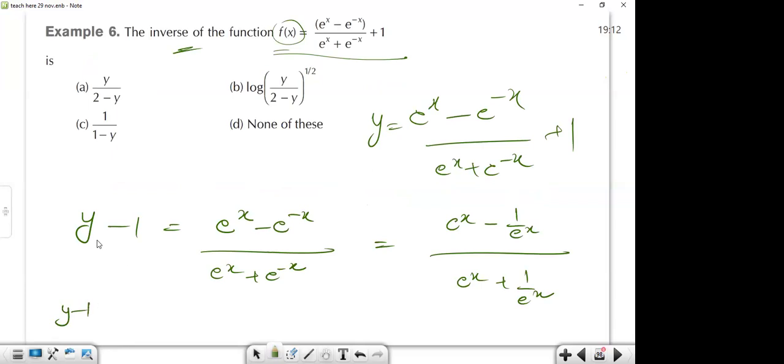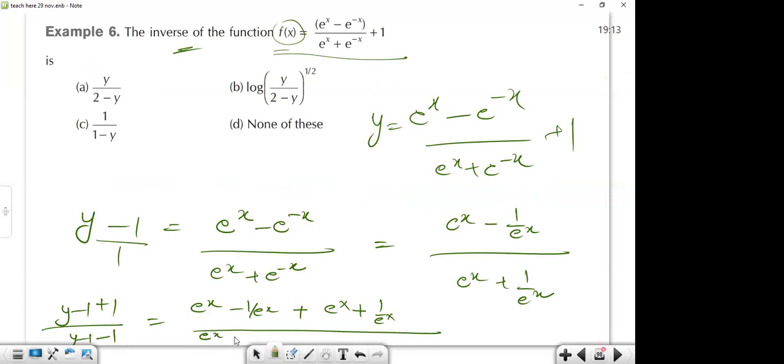So 1 minus y divided by 1 plus y. Now e raised to power x minus 1 by e raised to power x plus e raised to power x plus 1 by e raised to power x, divided by e raised to power x minus 1 by e raised to power x minus e raised to power x minus 1 by e raised to power x.